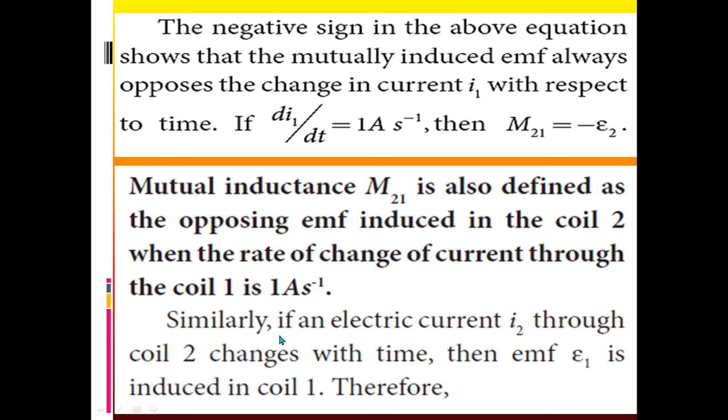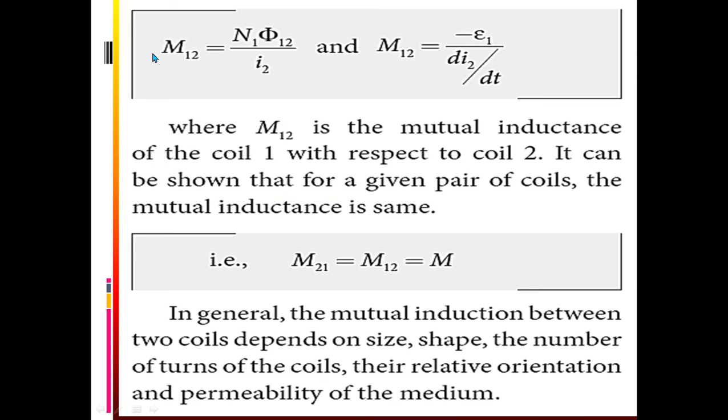Similarly, if an electric current I2 through coil 2 changes with time, then an EMF epsilon 1 is induced in coil number 1. Therefore, M12. When we apply the current in the second coil, the secondary coil, it produces magnetic lines of force, and this magnetic flux linked with coil number 1 produces the induced EMF.